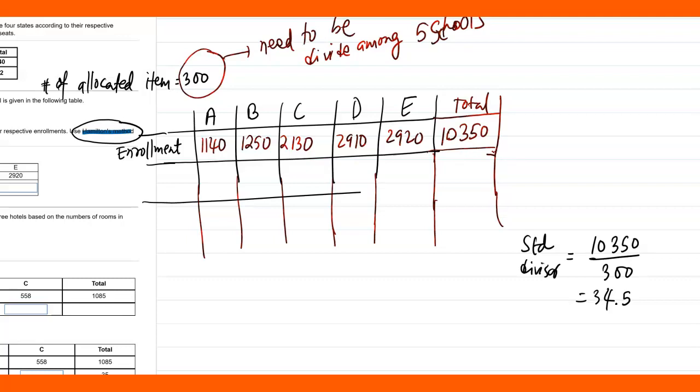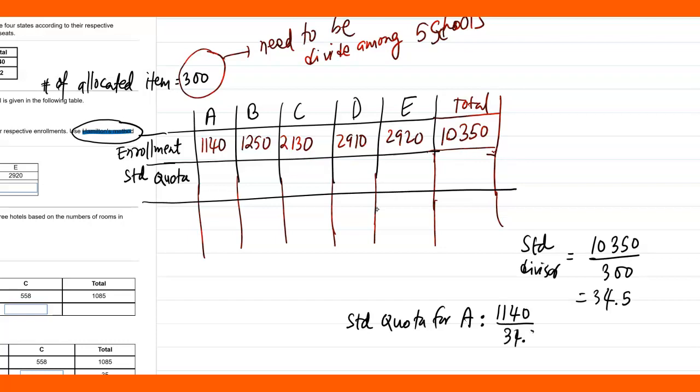Now for each group, I have to find the standard quota. That's the next step. How do you find the standard quota for school A? You divide 1140 by 34.5. Let's see what you get. 1140 divided by 34.5, I get 33.04.